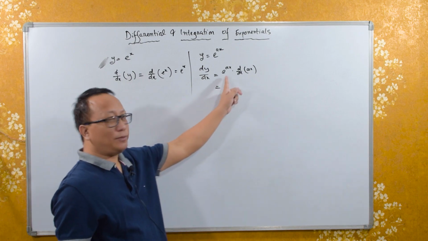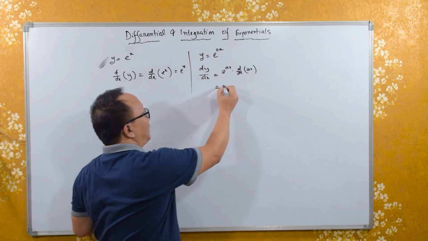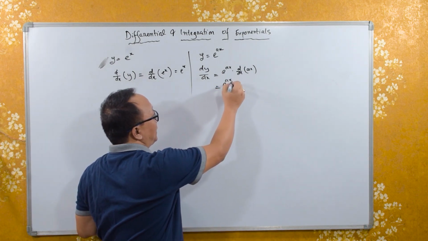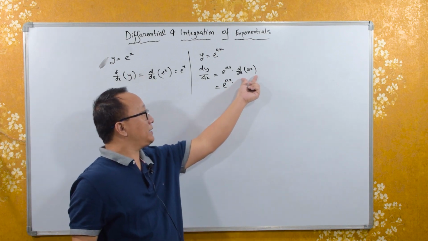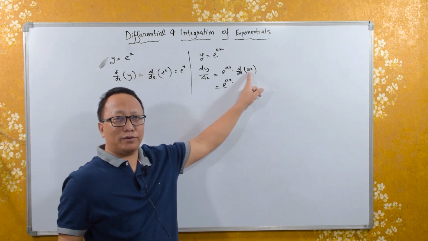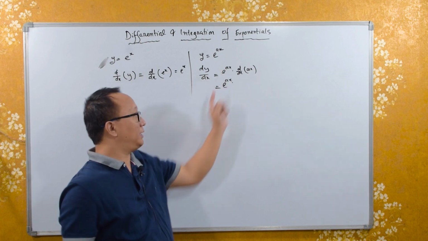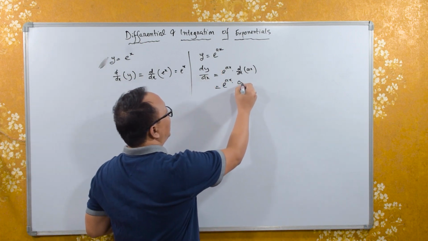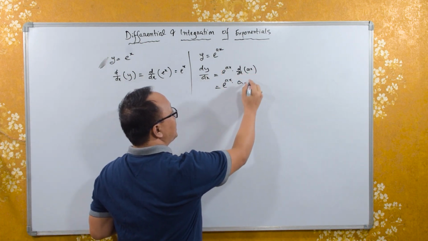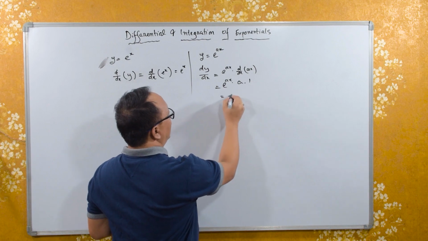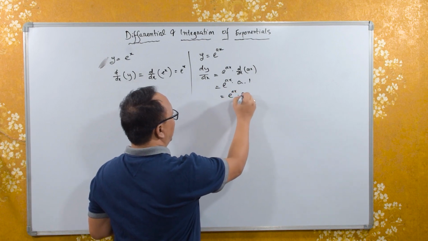Now e raised to ax stays as it is, and d by dx of ax is, since a is constant, a will come in front. Therefore a into d by dx of x, which is 1. Therefore e raised to ax into a.